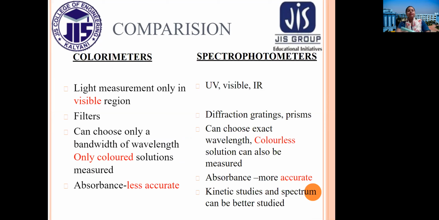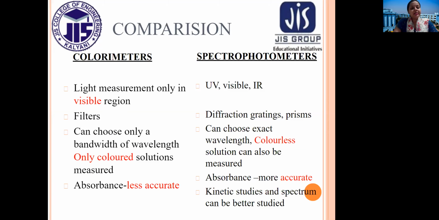Now, what are the differences between colorimeters and spectrophotometers? In colorimeters, light measurement is only in the visible region, but in a spectrophotometer, UV, visible and infrared can be measured. Here filters are used; here diffraction gratings or prisms can be used.